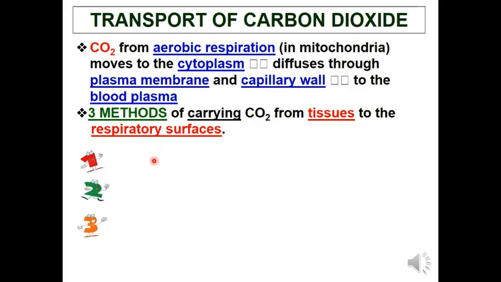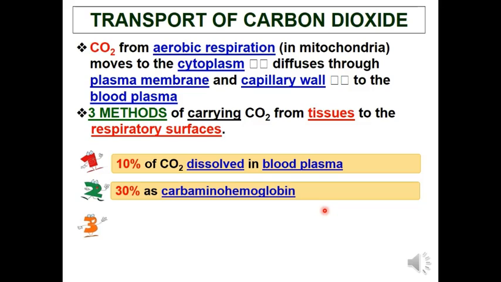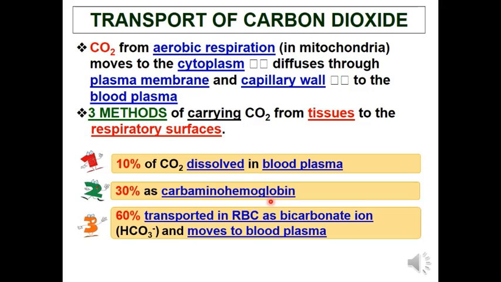First, 10% of carbon dioxide dissolves in blood plasma. Remember, 10% dissolves in blood plasma. 30% is carried as carbaminohemoglobin, and 60% is transported in red blood cells as bicarbonate ions and moves to the blood plasma.